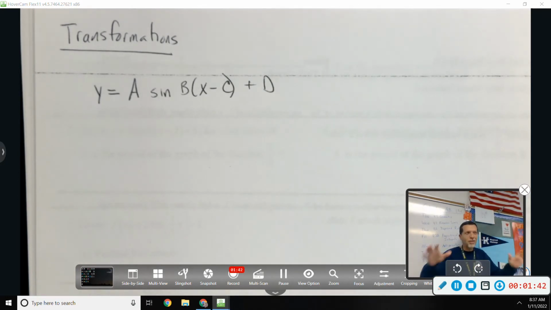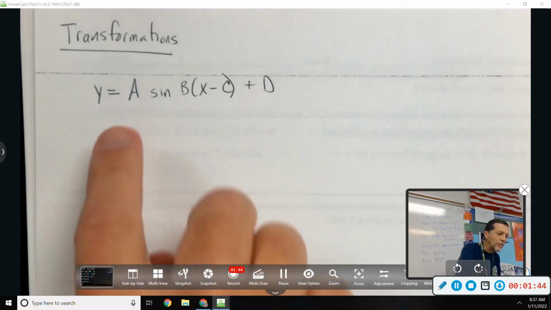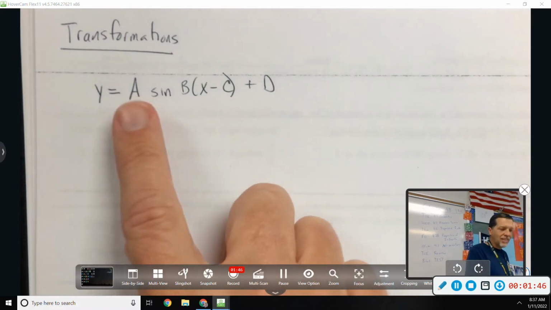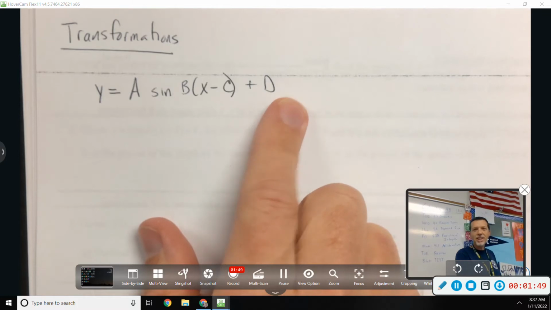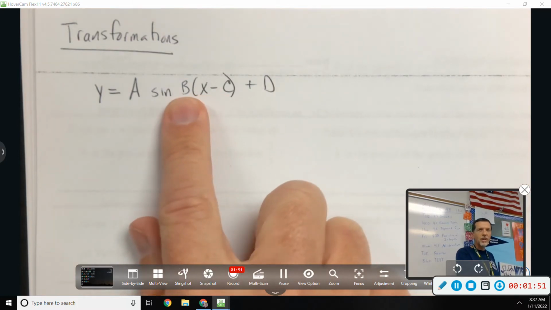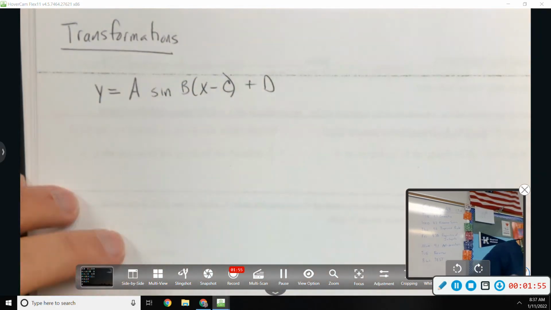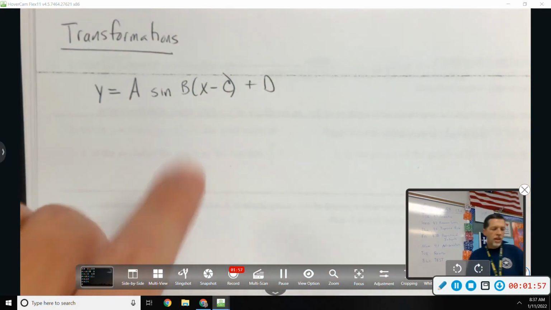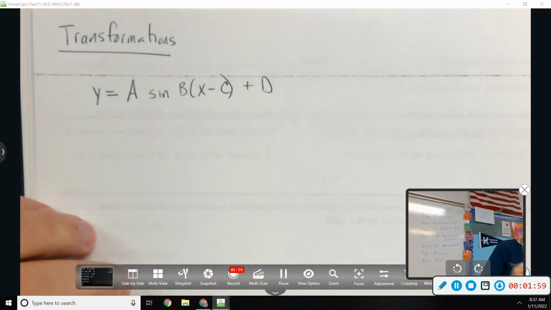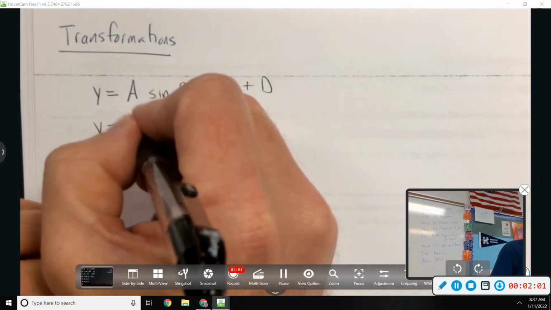After we do this, we'll land the plane and we'll go investigate A, C, and D today, basically, and we'll look at B tomorrow. There's just too much going on to investigate it all at once. So big picture, that's what our trig functions will look like, and it could be sine or cosine.